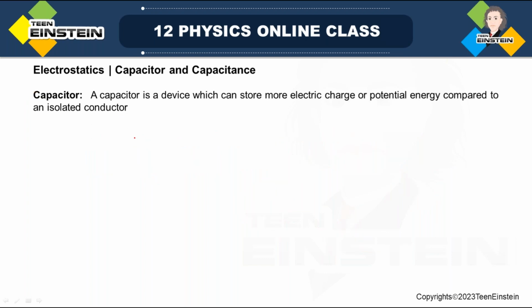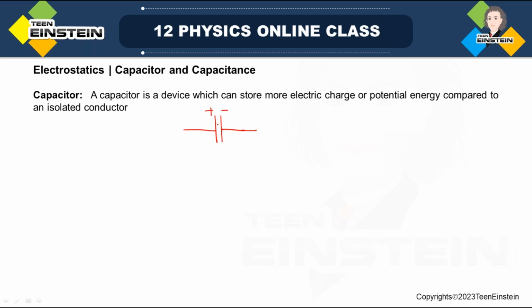The capacitor is denoted, as you might have learned already, by this symbol. In this case, one will be a positively charged plate, another a negatively charged plate.